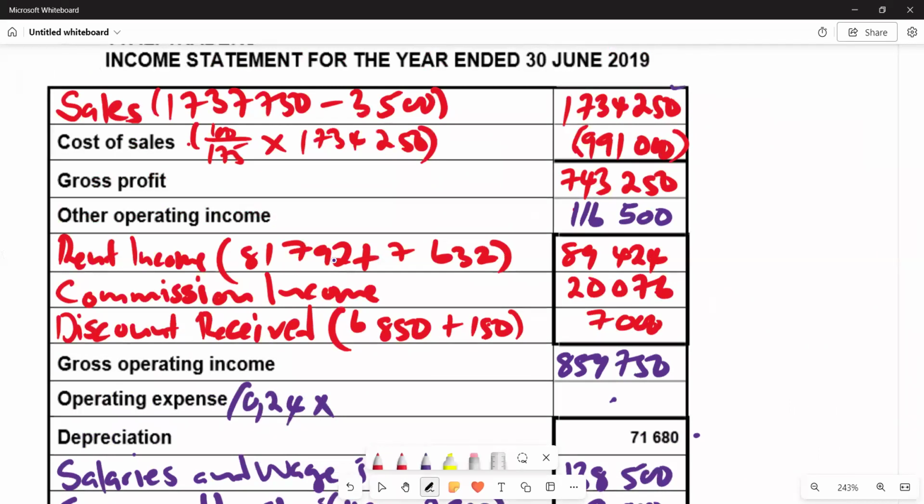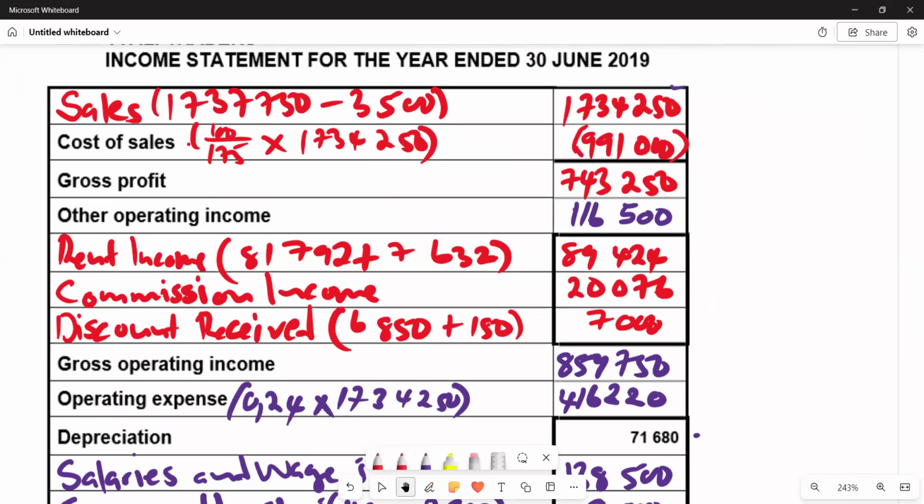So we are going to multiply it by 1,734,250, so that we get the total for expenses here. We calculate it, and you see that the answer that we are supposed to get is 416,220. So this is the figure for operating expenses.